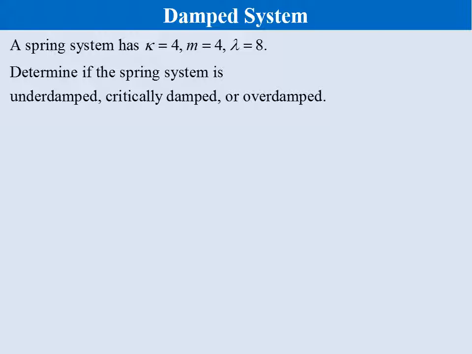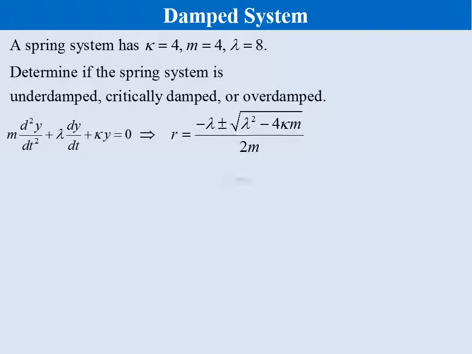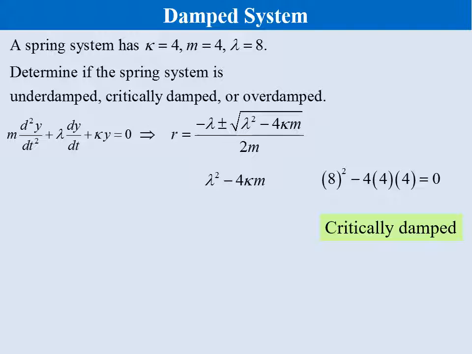And like in the previous example, we want to take the square root of lambda squared minus 4 kappa m and determine if lambda squared minus 4 kappa m is positive, negative, or 0. So we substitute in and we get 0. So it's critically damped.